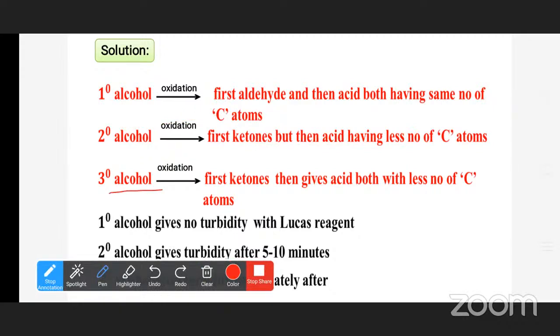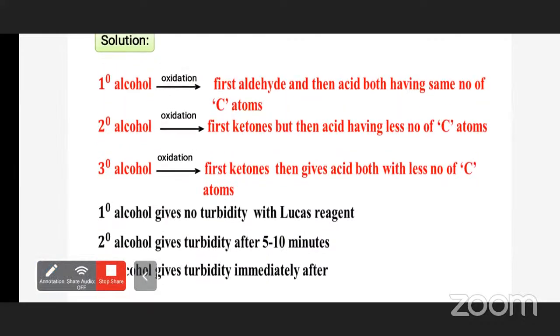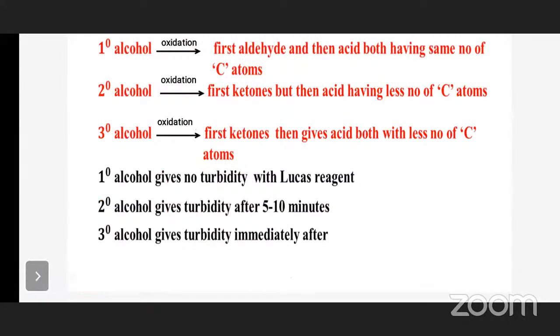Tertiary alcohols give first ketones and then acid, both with fewer carbon atoms. Primary alcohol gives no turbidity with Lucas reagent. Secondary alcohol gives turbidity after 5 to 10 minutes. Tertiary alcohol gives turbidity immediately.